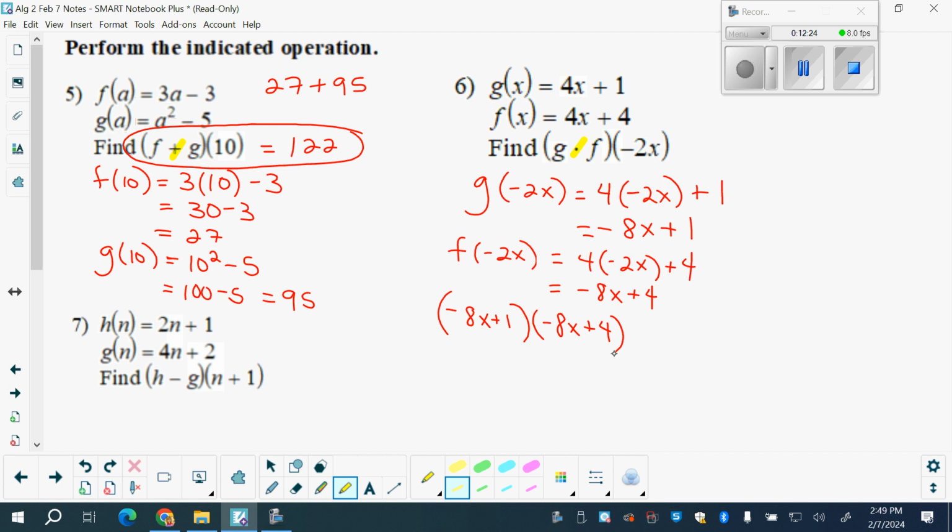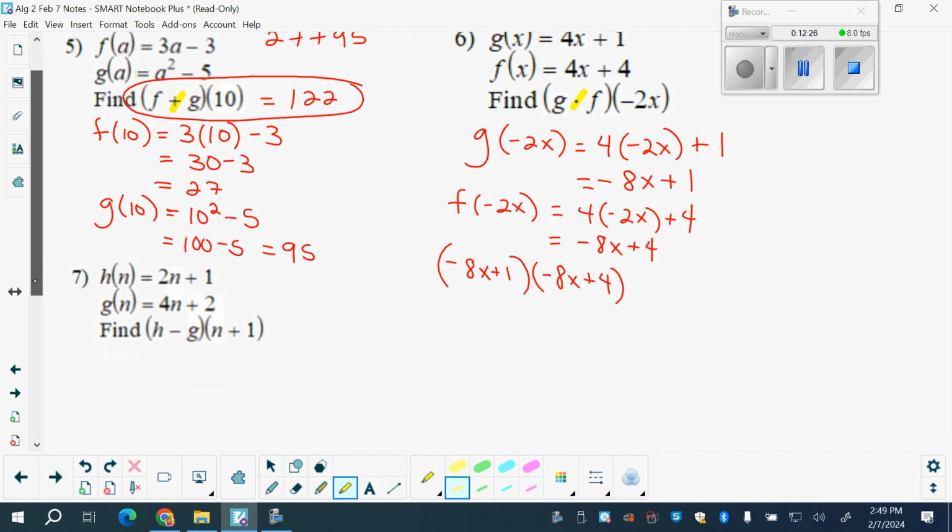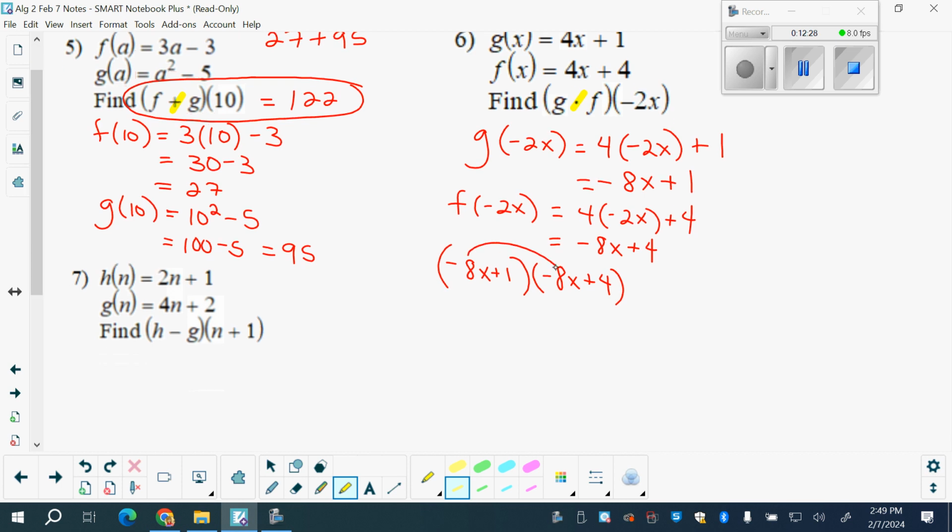So now we're going to have to use the claw or FOIL, whichever way you want to think of that. Emma, what do we get when we multiply that out?